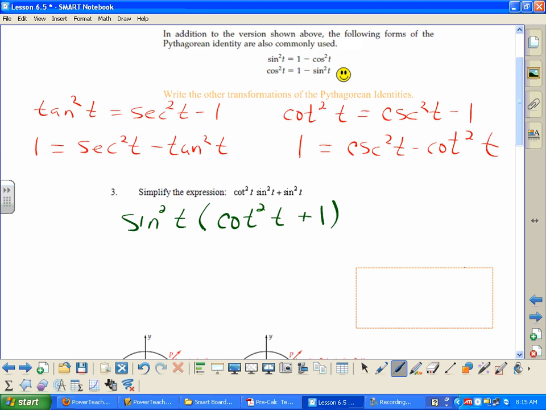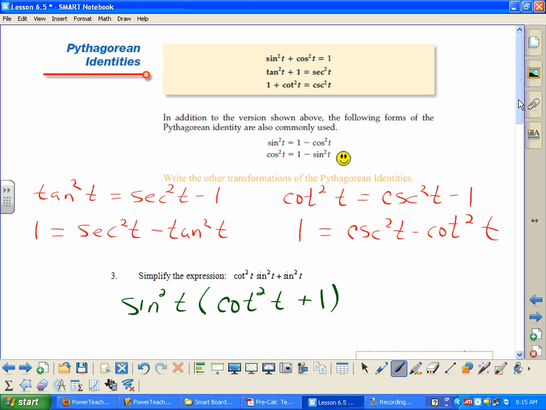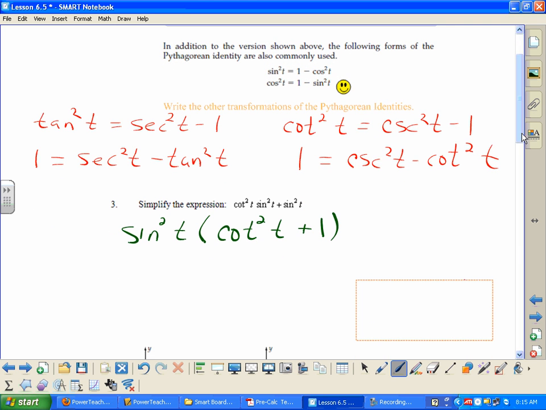Now, is cotangent squared plus 1 an identity? So I go up here, and yes, it is. 1 plus cotangent squared equals cosecant squared. So that means I can rewrite cotangent squared plus 1 as cosecant squared.